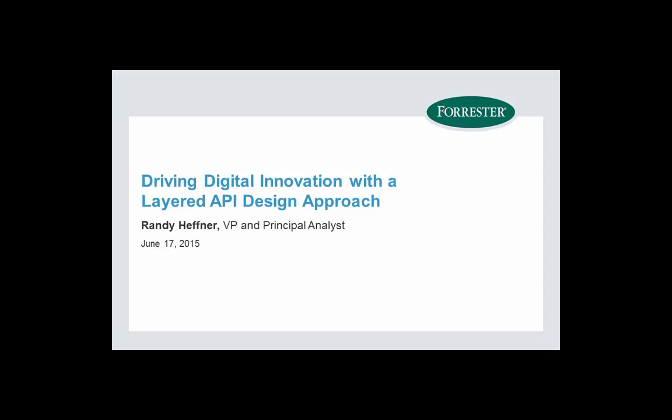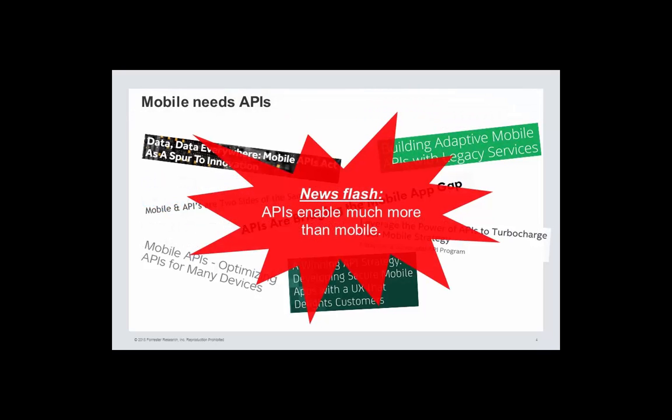The reason that's important is because there are a lot of small views of API strategy out there, and we need to expand your view to a bigger view of API strategy so that you'll have a clear and intuitive understanding of why layered APIs are important. The first way API strategy gets compartmentalized is that it gets thought of as being for mobile.